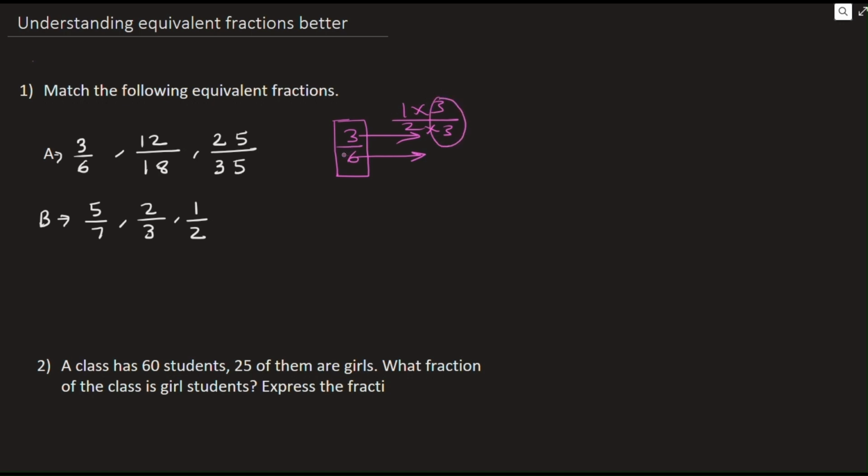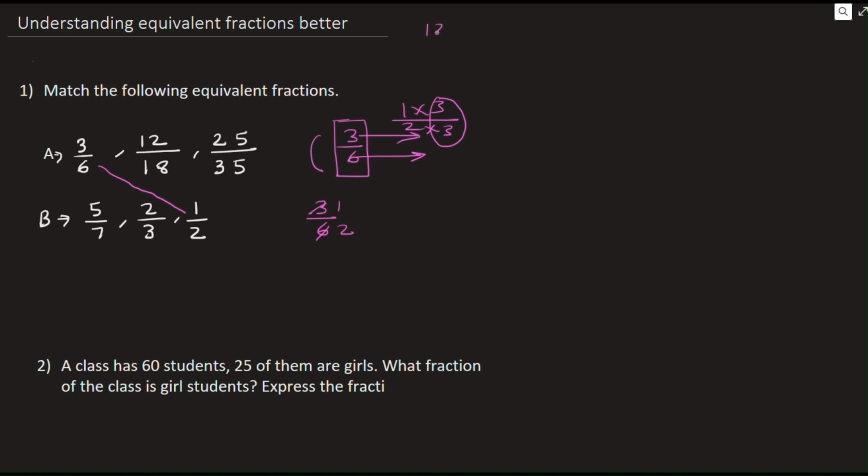So basically I am reducing this fraction to its lowest terms to find which fraction amongst these is equivalent to this. So lowest terms means I have to find the highest common factor of the numerator and denominator, and divide both the numerator and denominator by that highest common factor. Or I can cancel out the common factor in the numerator and denominator. So this becomes 3 times 1 and 3 times 2 equals 6. So 3 over 6 equals 1 over 2.